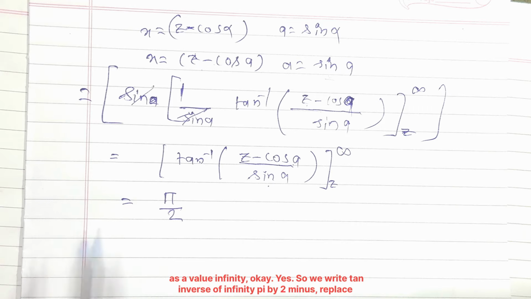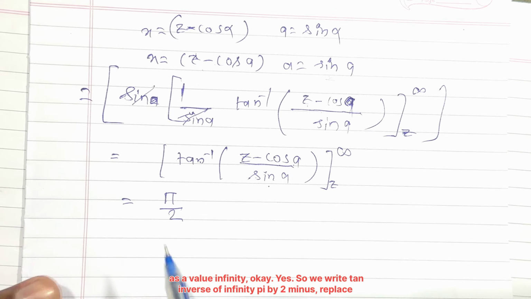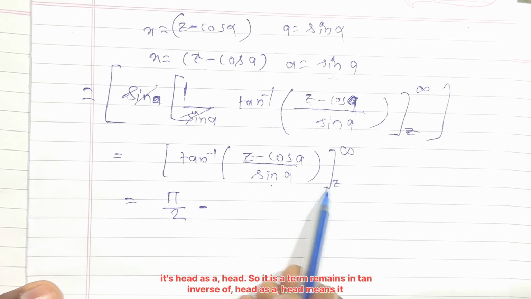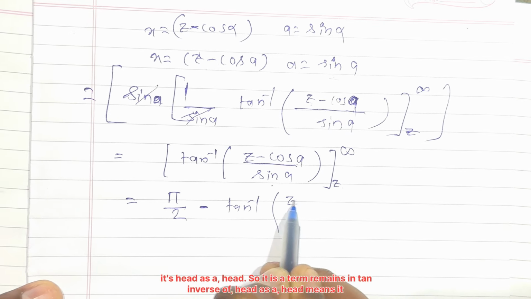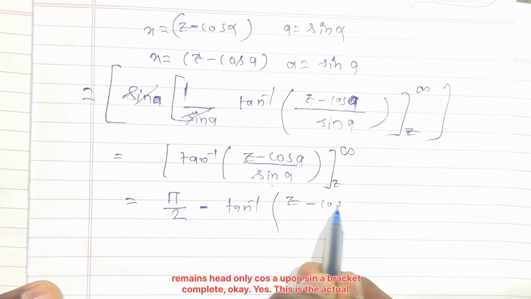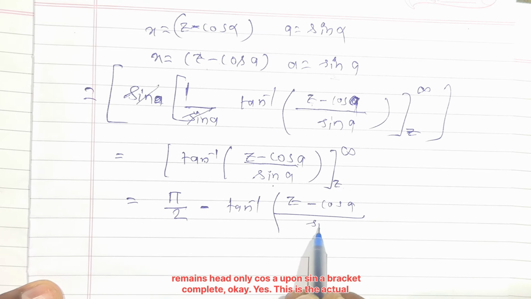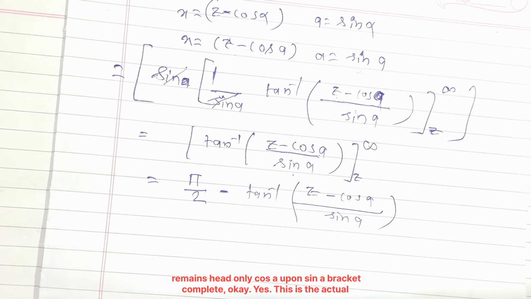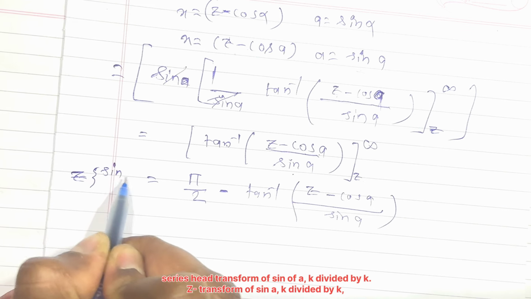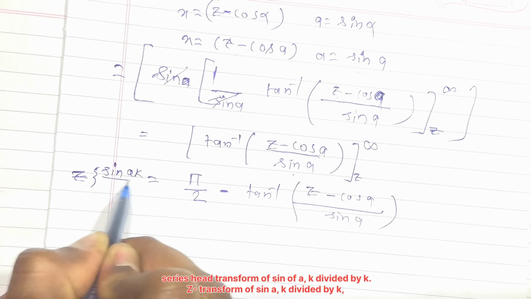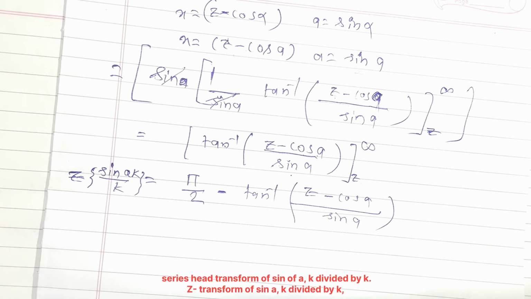So we write tan inverse of infinity as pi by 2 minus, replacing z as z, the term remains the same, tan inverse of z minus cos a upon sin a, bracket complete. This is actually the z transform of sine ak divided by k, which is equal to pi by 2 minus tan inverse of z minus cos a upon sine a.